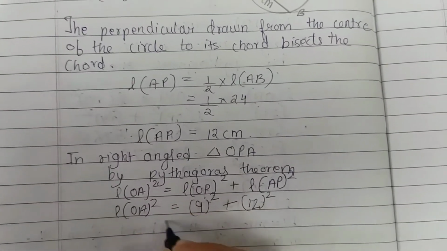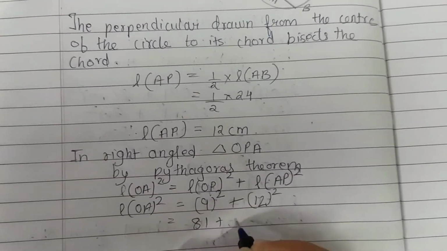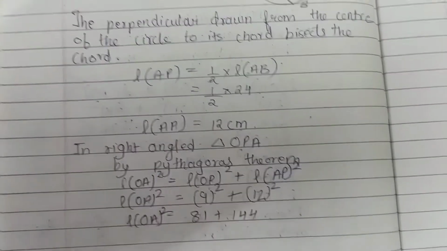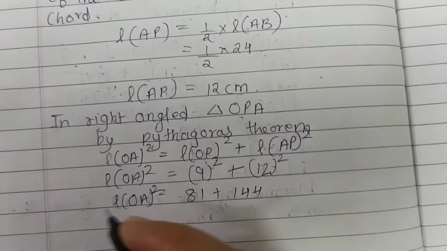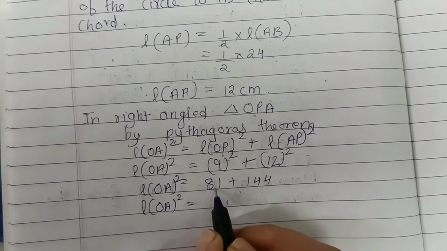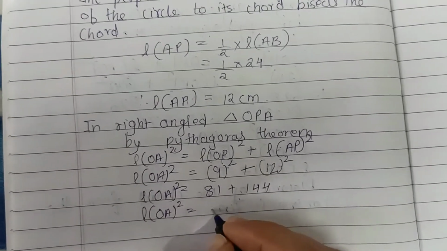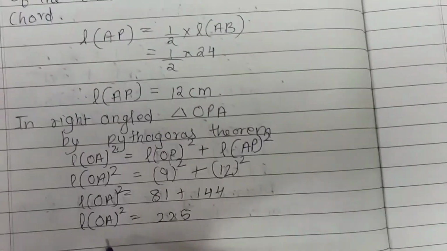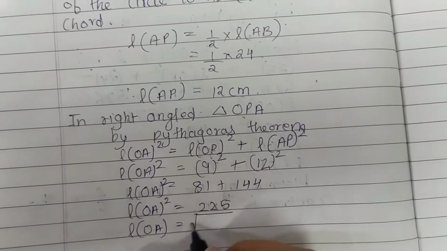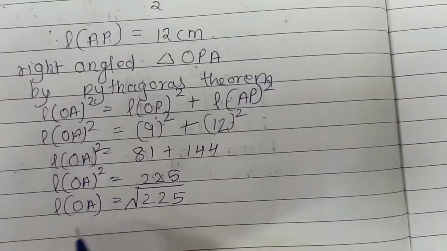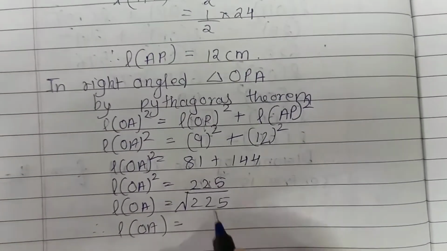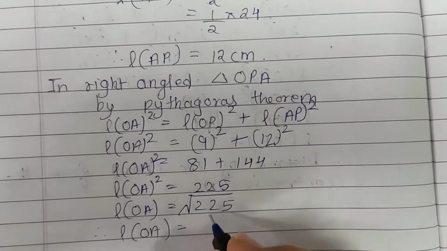So let us solve this. OA square is equal to 81 plus 144, which will give us 225, and we'll take out the square root from both the sides. So therefore length OA will be the square root of 225, which is 15.